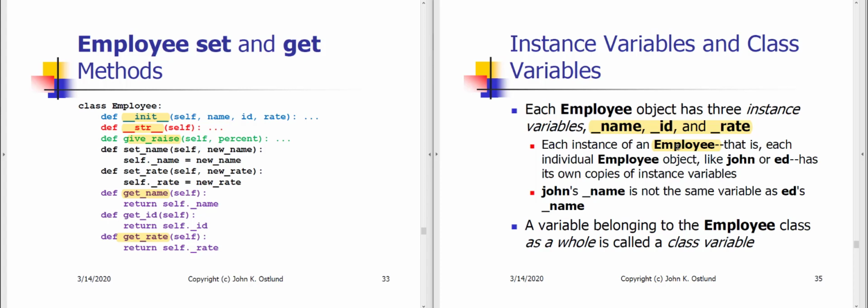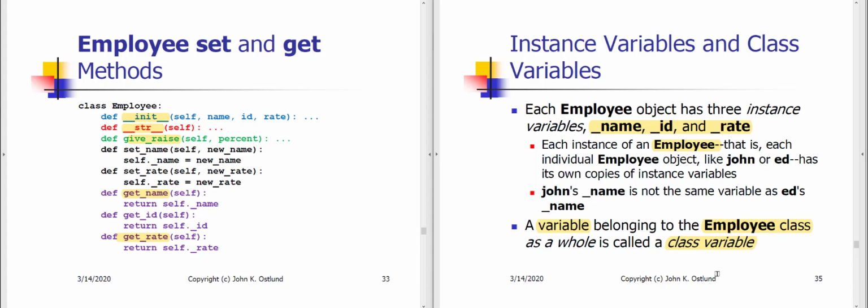So John's _name is distinct from Ed's _name, and so forth. Sometimes, though, it's useful to have a variable that belongs to the entire class. And such a variable is called a class variable as opposed to an instance variable.